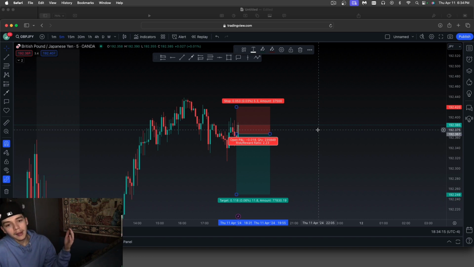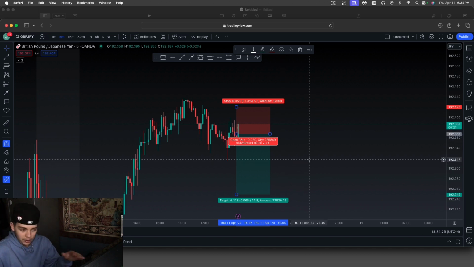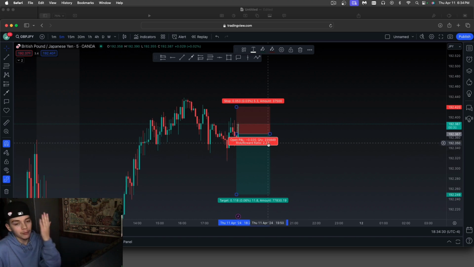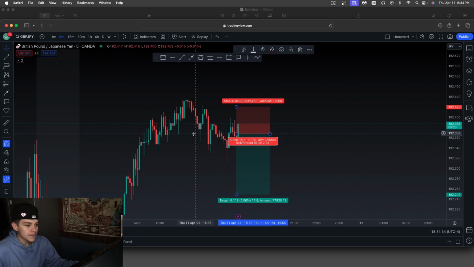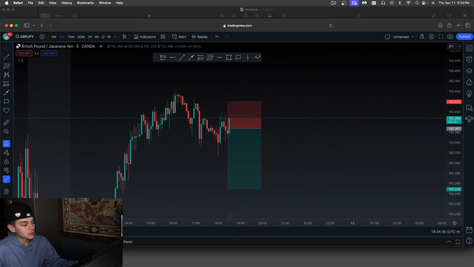So help yourself by using low lots and a smaller account to get a hint of how this works. Okay, if you start off with unrealistic things, bro, you will get unrealistic results.